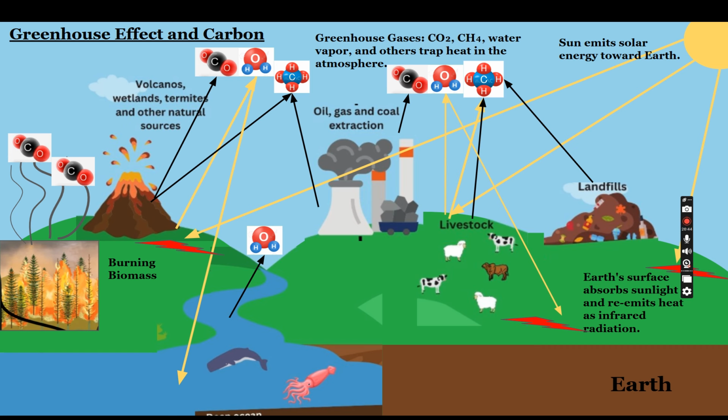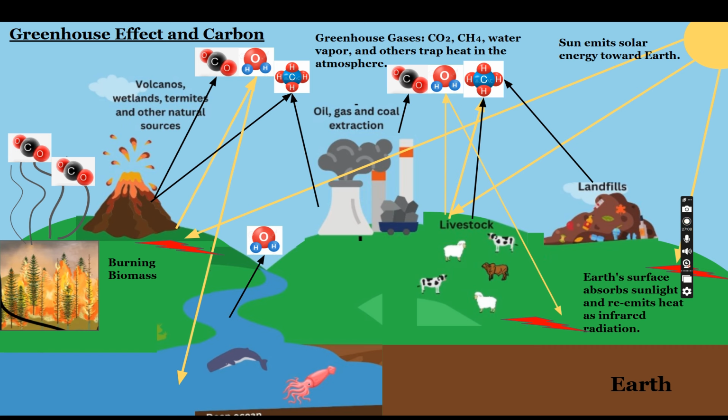And so these rays can hit the ocean and warm up the ocean, and then they can get deflected by our planet and come back on the ocean. And what is happening with our ocean?